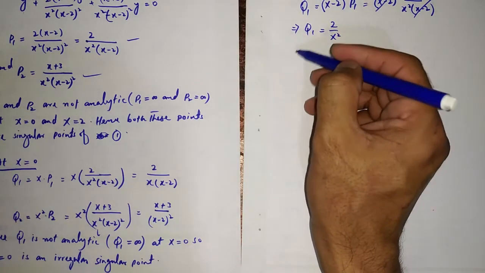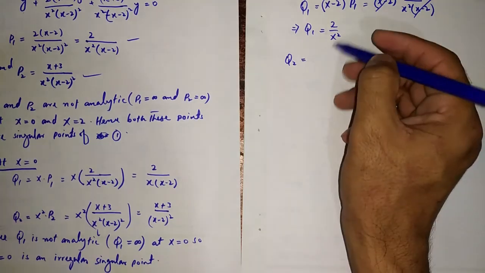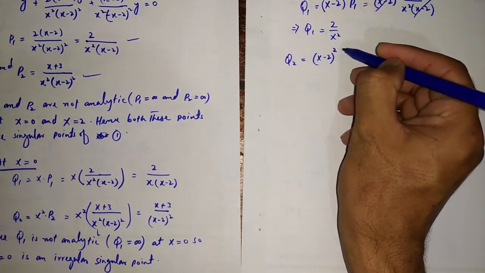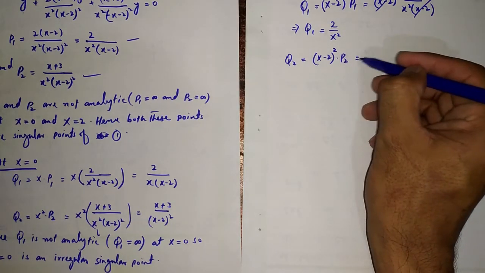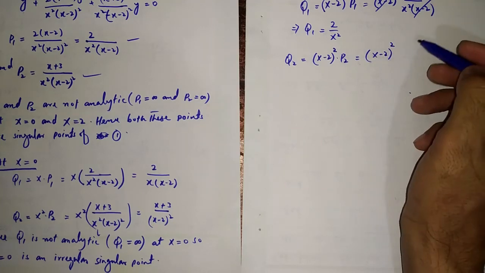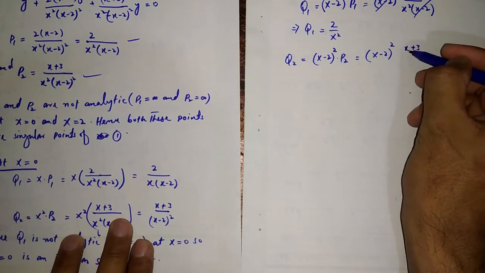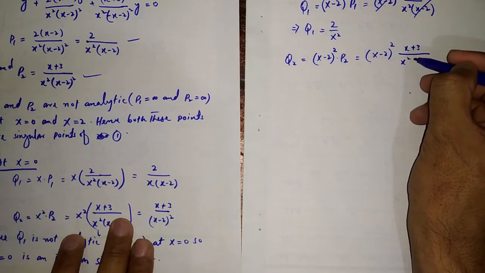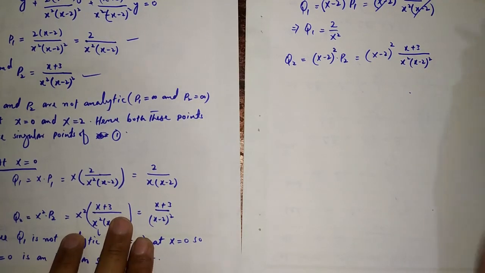And now Q2 is equal to x minus 2 square into P2. So this will be x minus 2 square into P2, which is x plus 3 divided by x square into x minus 2 square.